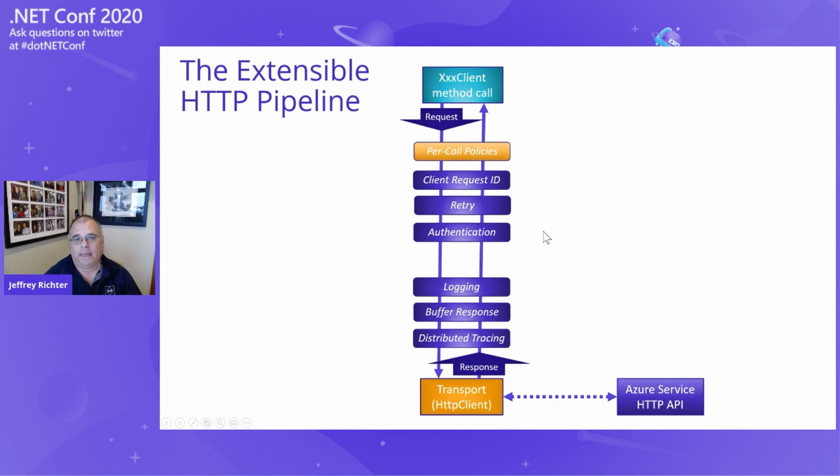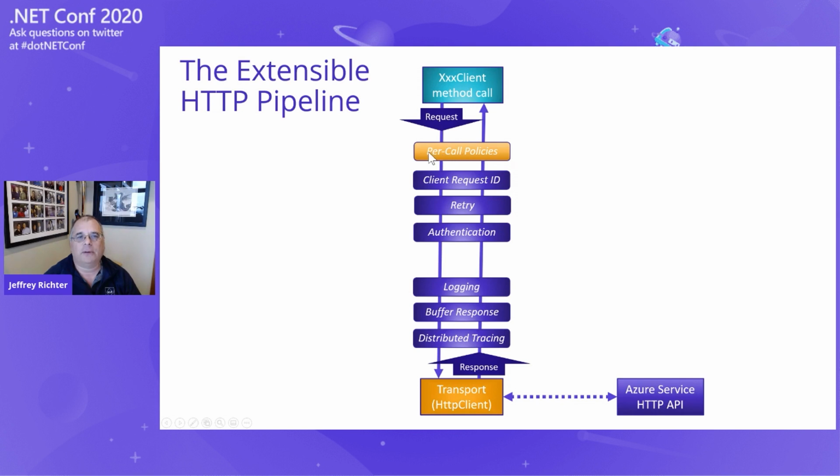And then these are policies that we ship with each of our SDKs. But as I mentioned up here in the top left, our pipeline is extensible. That means that you can go and create your own policies by creating a class derived off a base class, and I'll demonstrate that in code in just a moment. And then you can insert your policies into the pipeline.